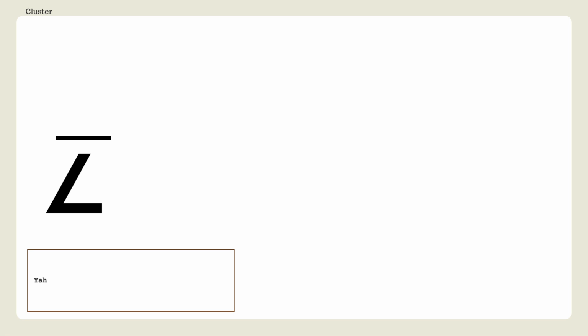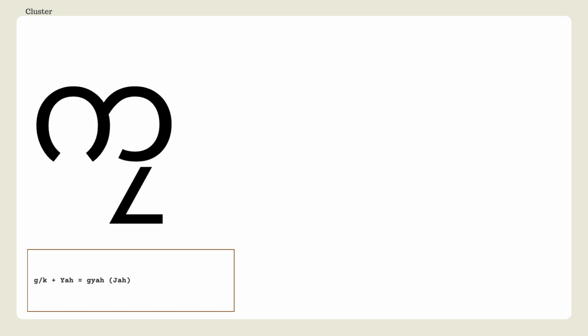This is cluster ya. With cluster ya, there are two consonants that make slightly different sounds to how it should sound. These are rules you'll just have to memorize. Ga, ya does not become gya, it's a ja. Ga, ya, ja.